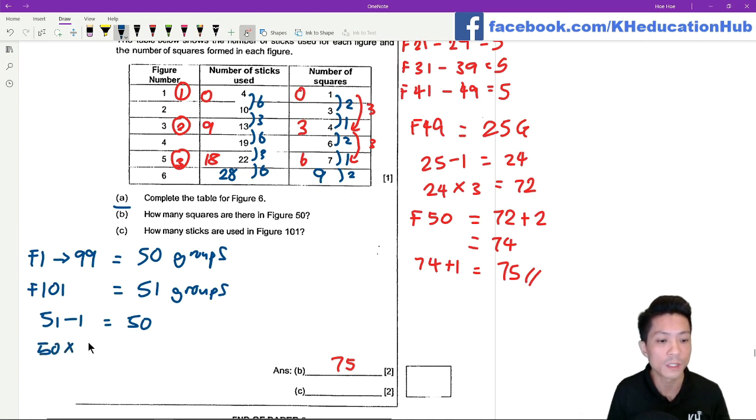Next, 50 times 9, give me a 450. And then I'm gonna add back the 4, which will give me a 454. This would be the answer for part C.